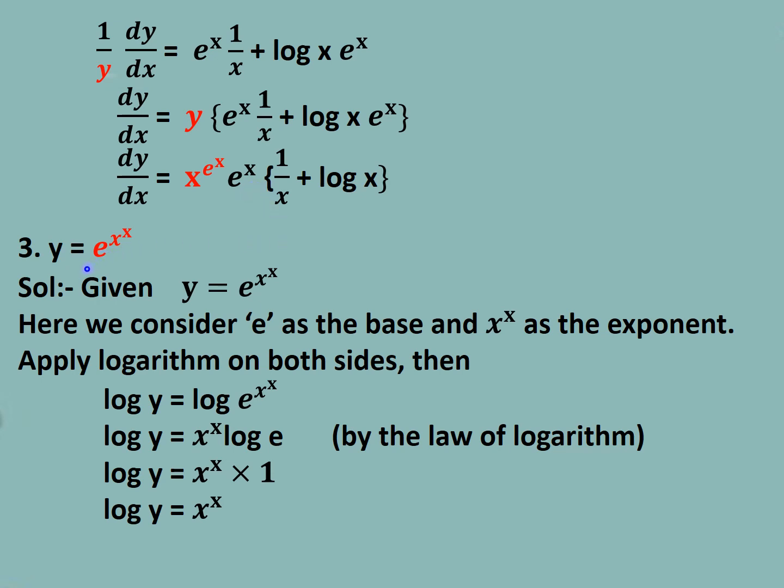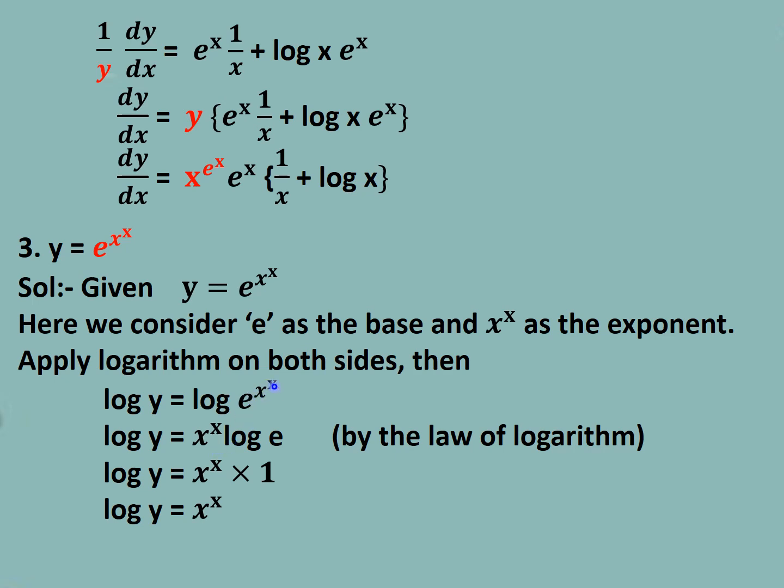Third function: y is equal to e raised to x raised to x. Then the given function is y is equal to e raised to x raised to x. Now we have to consider the logarithm here to remove this exponential form. Now log y will be equal to log e raised to x raised to x, and we will consider e as the base and x raised to x as the exponent.